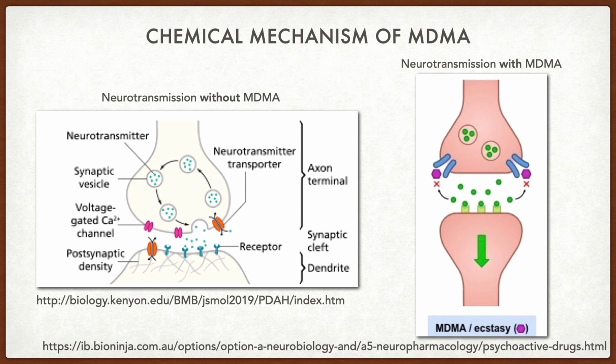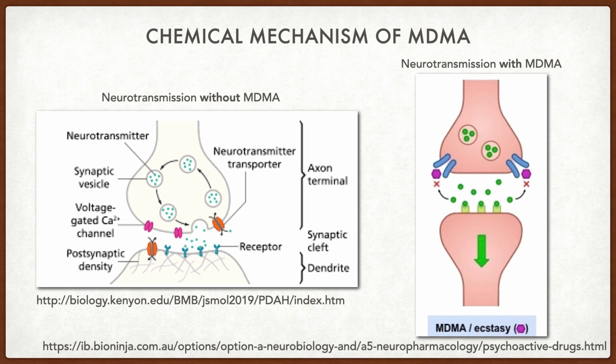Now, extraneous serotonin or neurotransmitters can be reuptaken through transport proteins that are specific to the neurotransmitter, so it can be reused, and it's quite a process that has to do a lot with homeostasis.